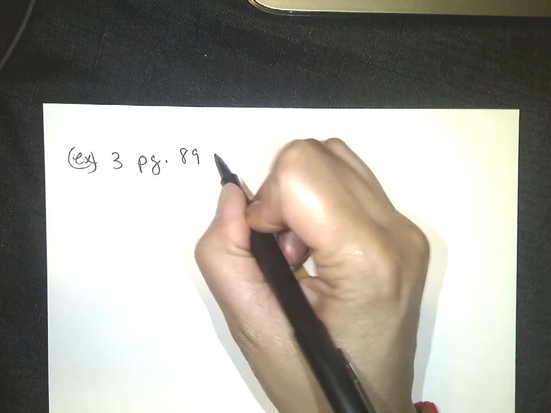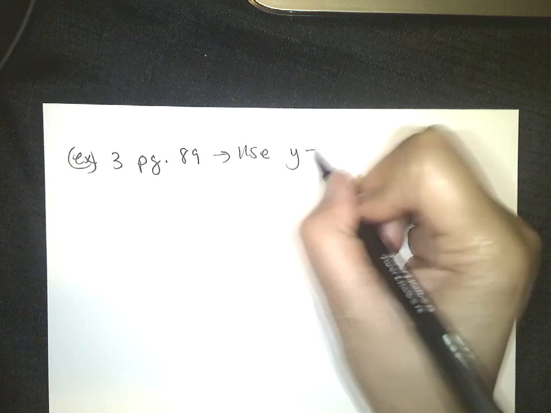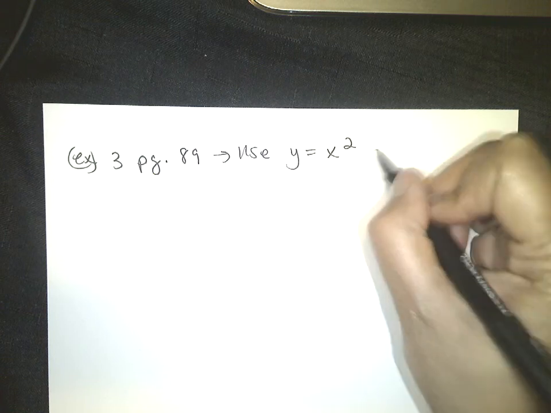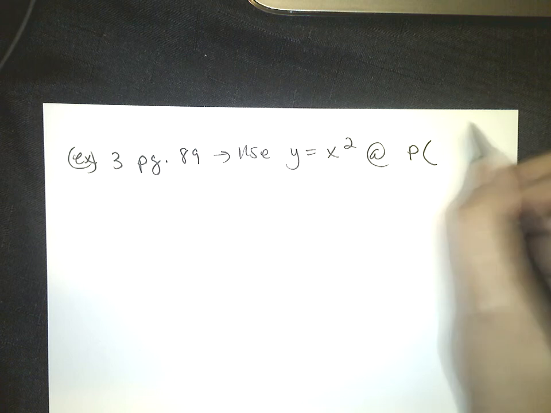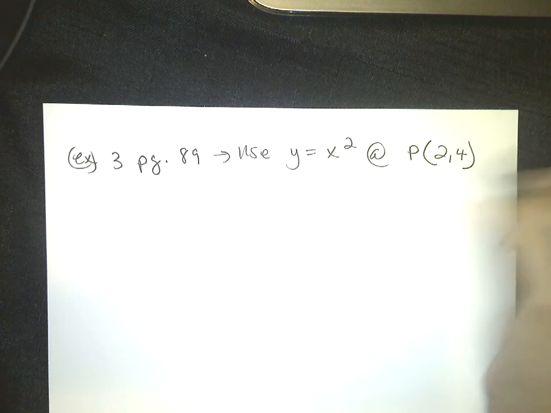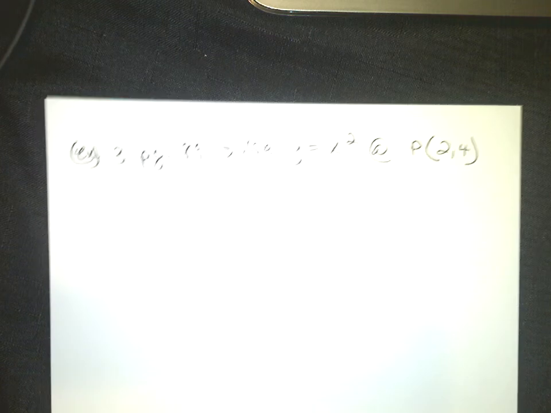They want us to use y equals x squared at point P of 2 and 4. They want us to take it a little further, but I'm going to take you step by step.